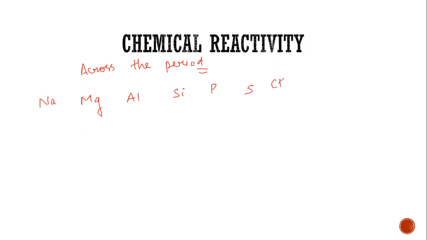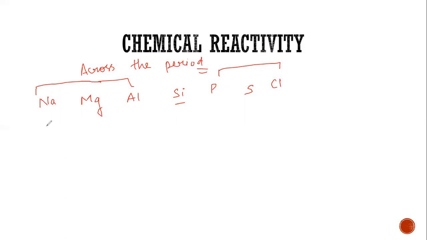Here we have metals, then a metalloid, and further non-metals. Those with a tendency to lose electrons are the metals. Those with a tendency to gain electrons are the non-metals.